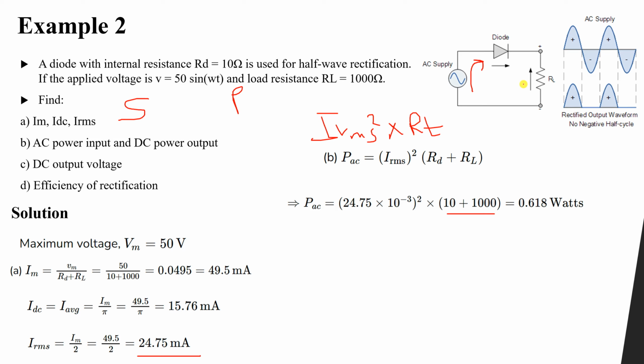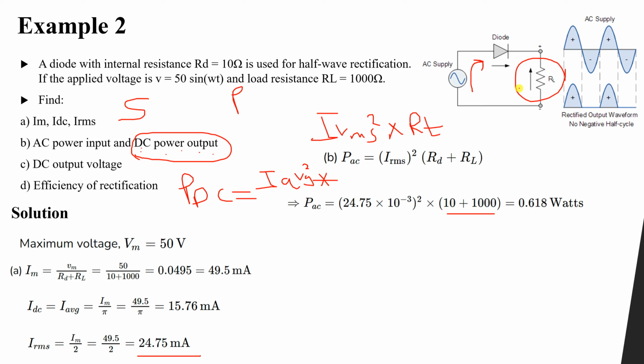Number 2, we need also the DC output power. Since we say DC output power, we are talking about average. So PDC will be I average squared multiplied by RL, since here we are talking about the power consumed across the load resistor, not the whole circuit.